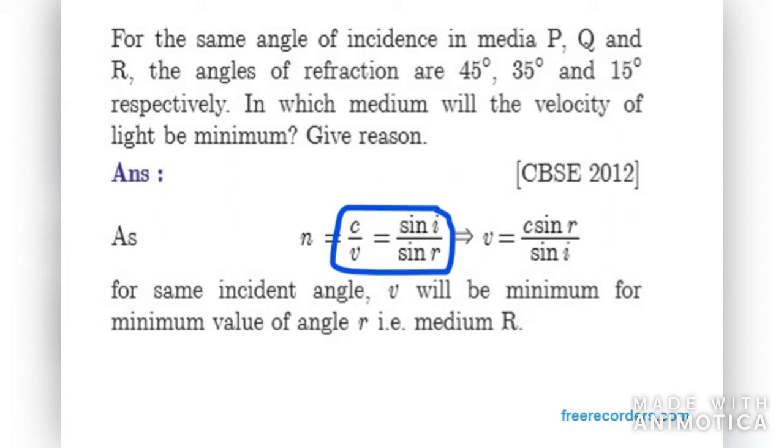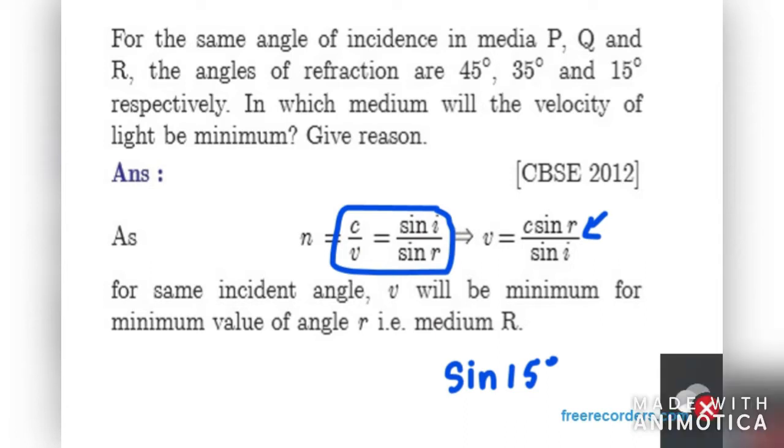It will be minimum for the minimum value of angle r. Why? Because as you know, the lesser the angle, the lesser the value of sine. So if we have a smaller value of sin r in the numerator, then v will be minimum. So that's your answer for question number two.